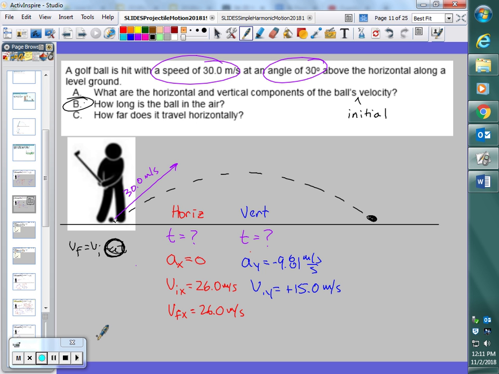So in this case, if we just look at the vertical motion, it goes up in the air, it comes back down, it ends up right back where it started. On the vertical axis, delta y is equal to 0.